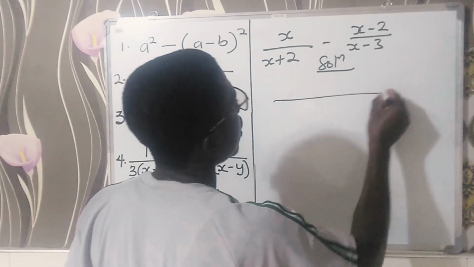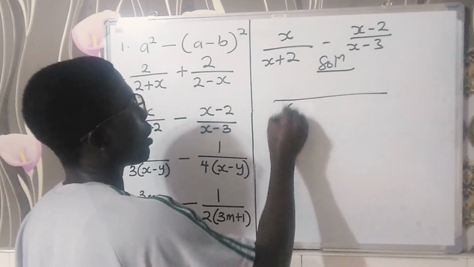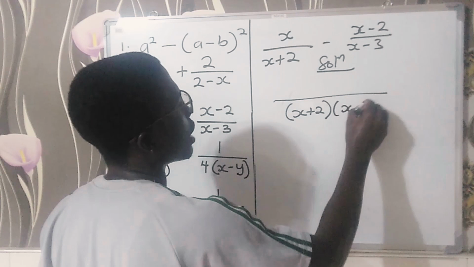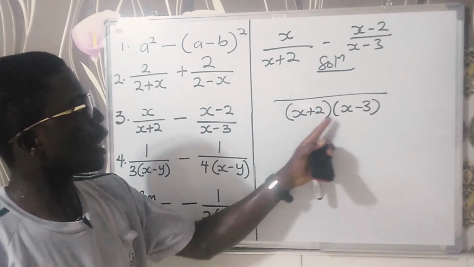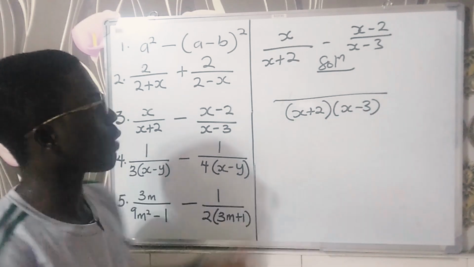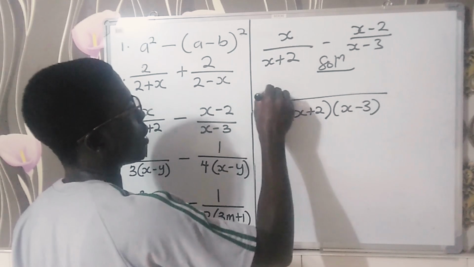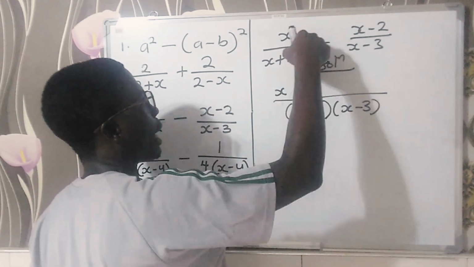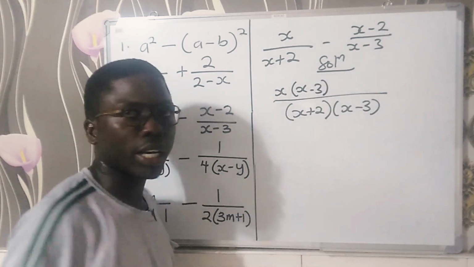So we said the LCM is that these two denominators will have their share in the LCM. So we have our x plus 2 here, x minus 3 here. And so this into this once, times this x minus 3, will still be x minus 3, which will multiply the numerator, which is x. So this goes into this, multiply the x, which will be x minus 3, bracket close.